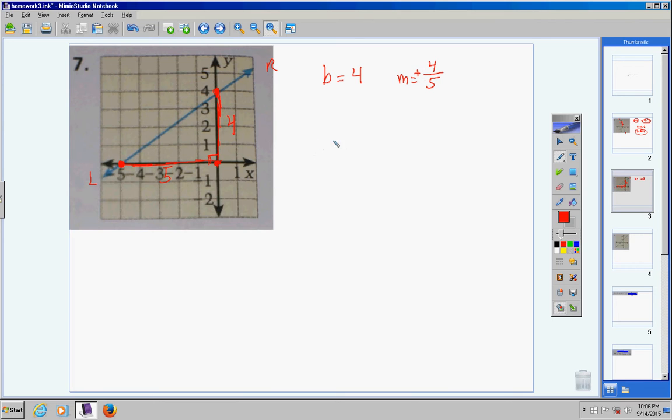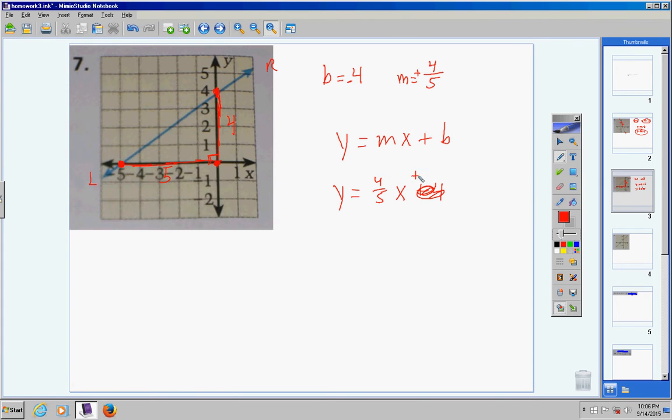So the formula you want to use when you know the y-intercept and the slope is y equals mx plus b. Where the m is, I will substitute 4/5. And where b is, I will substitute 4. By the way, if this had been a negative 4, is everybody listening? Please listen. If b would have been negative 4, do not put positive negative 4, because there's a positive sign here.